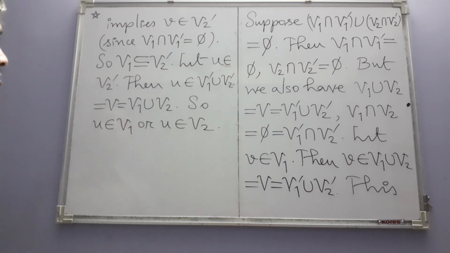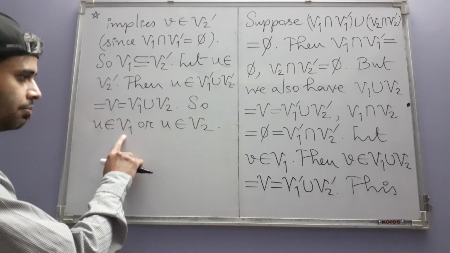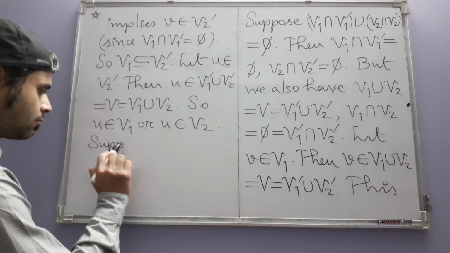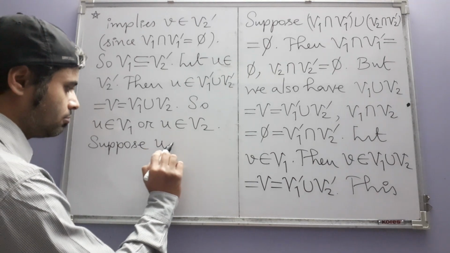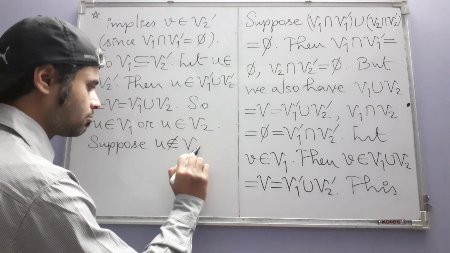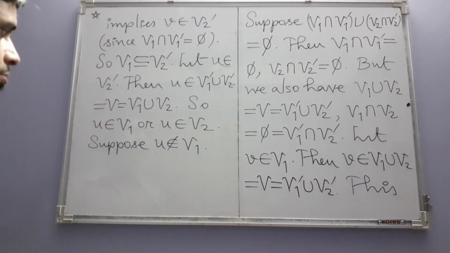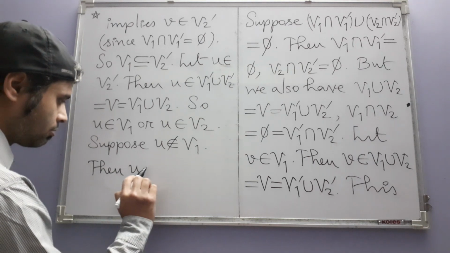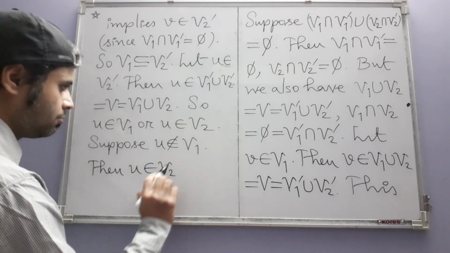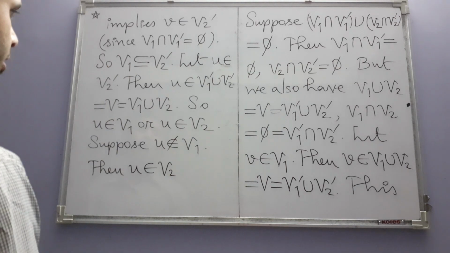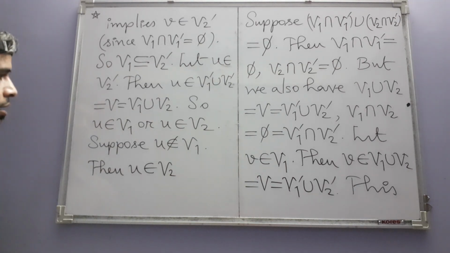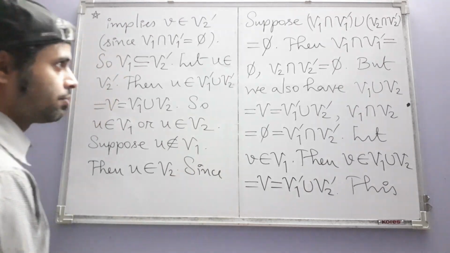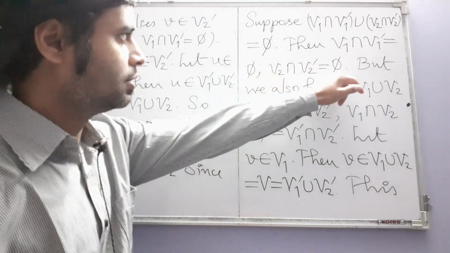Okay. Our aim is to show that u belongs to V1. So suppose that u does not belong to V1. Okay, then u belongs to V2 because that is the only option now. Now keep in mind that we have this condition also.